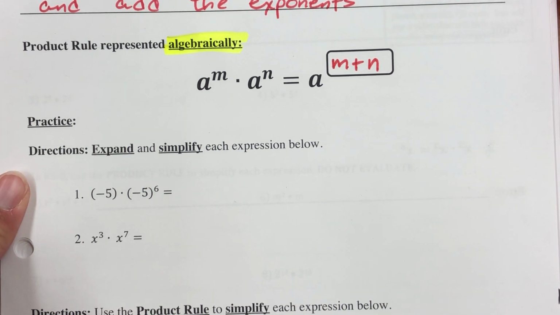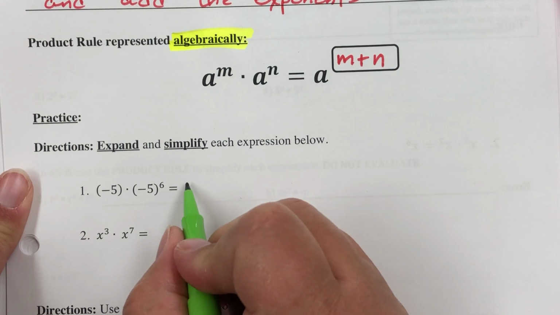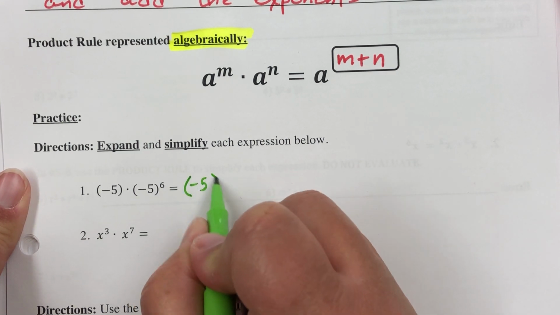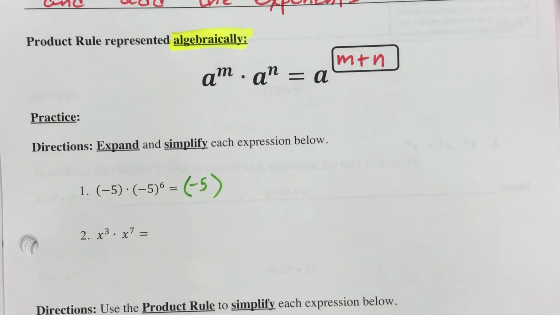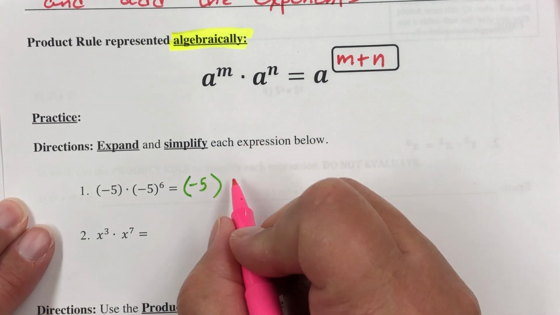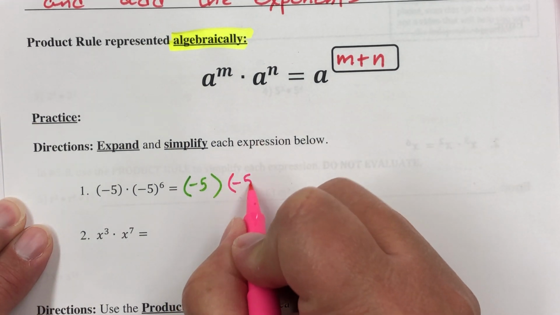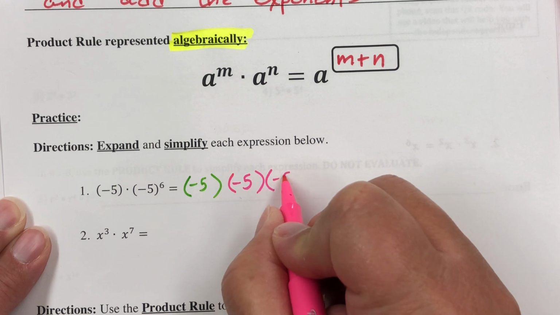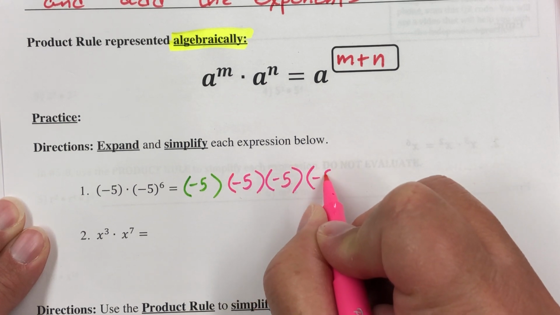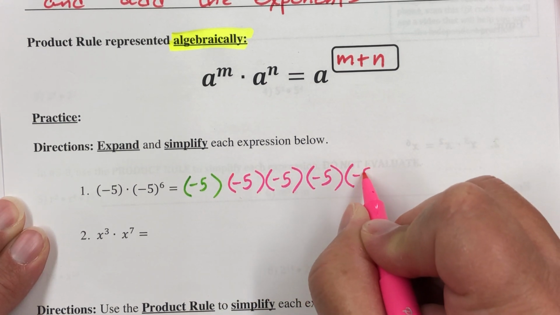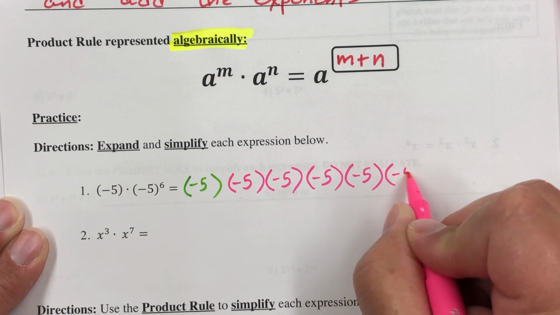Directions, expand and simplify each expression below. So here I have -5 in parentheses, and it's 2. It doesn't have a power, but you know when there's no exponent, the exponent is 1. Now I have -5 to the 6th power, so -5 times -5 times -5 times -5 times -5.